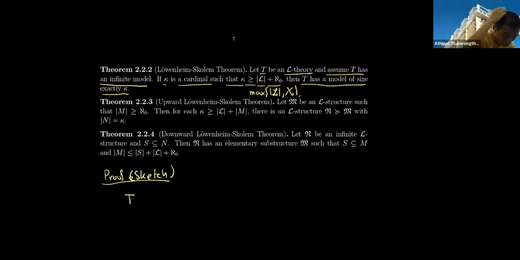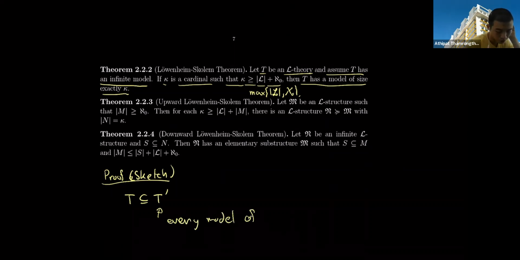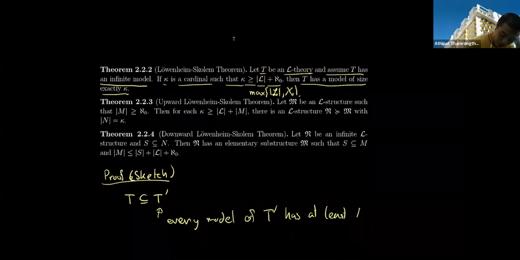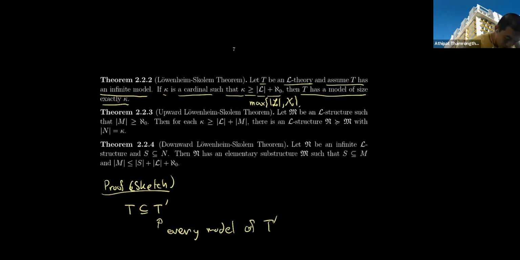So what we're going to do is extend your T to T prime by adding sentences that guarantee that every model of T prime is of size at least kappa.